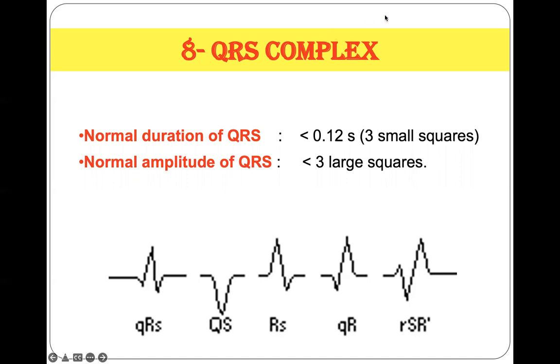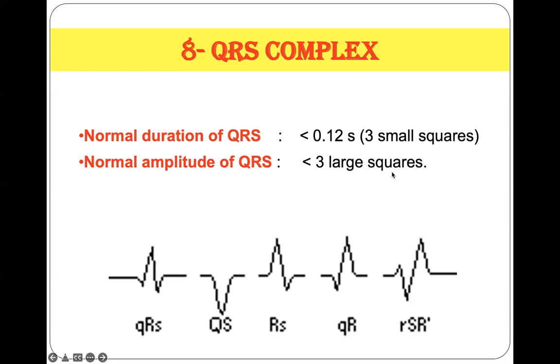So the normal parameters for QRS complex: it should have a duration or width of less than 120 millisecond, about 3 small squares. This is its width, and its amplitude or size should be less than 3 large squares.